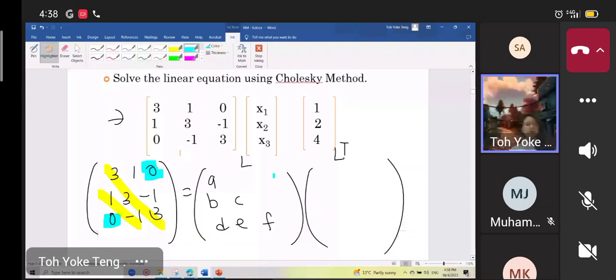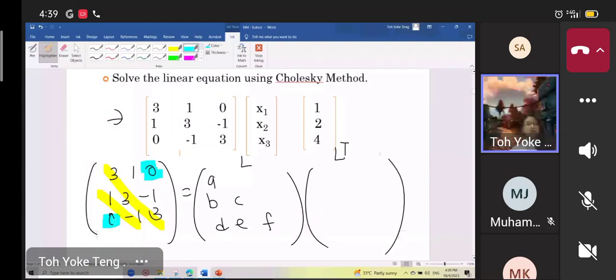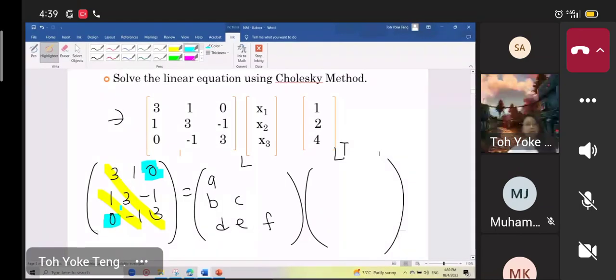Why didn't I write it here? Since for the Cholesky method, it's not necessary that the matrix is in tridiagonal form. That is why I show you the general way, so in case these two values are not equal to 0, you wouldn't make a careless mistake.